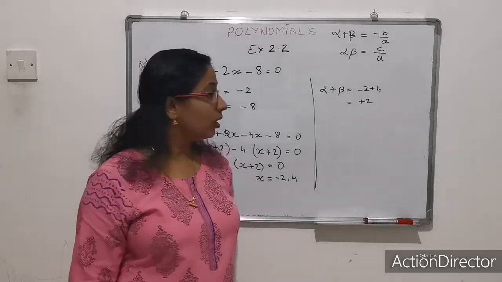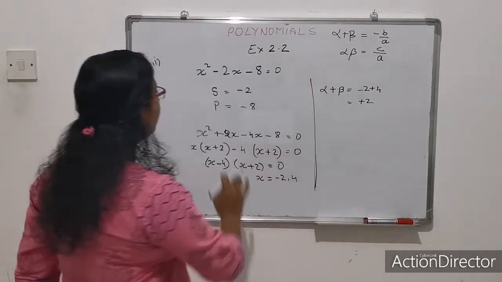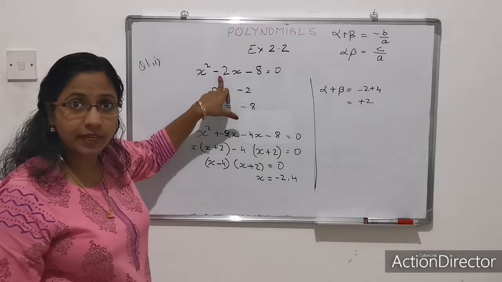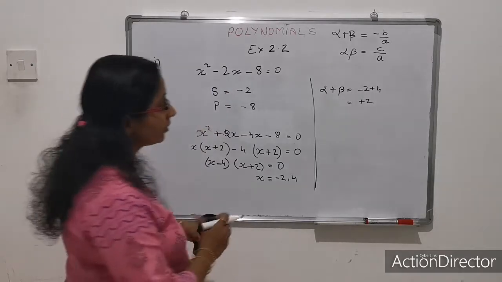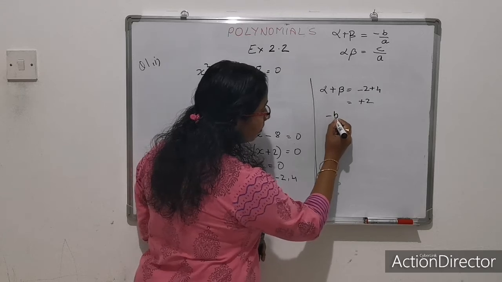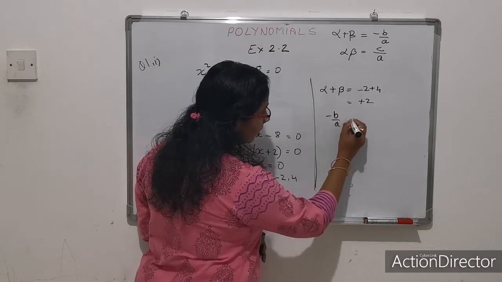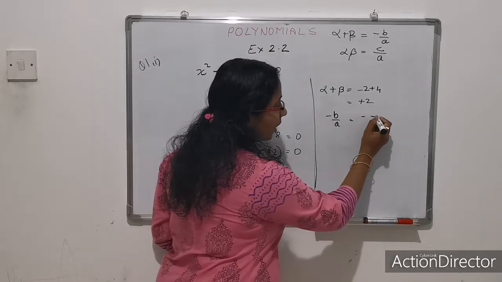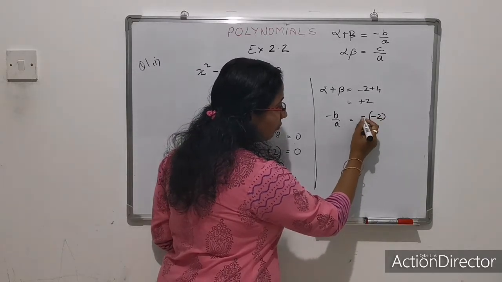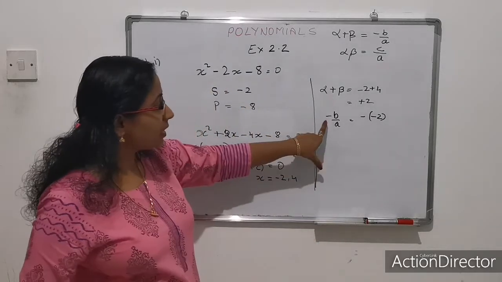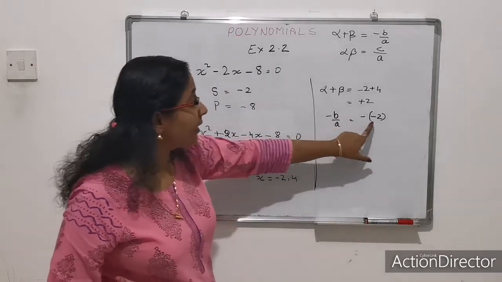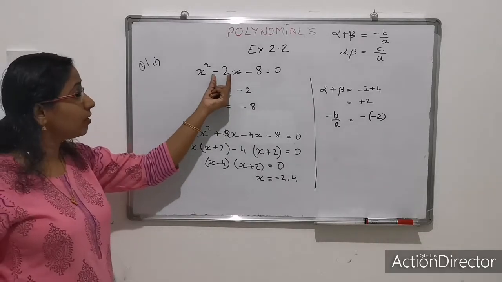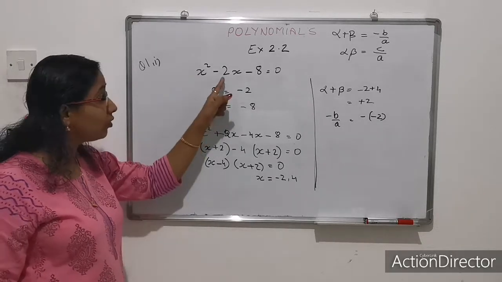Now, what is our b? b is minus 2, right? And what is a? I will write minus b by a. Minus b by a is what? Minus of minus 2. Be careful. This minus is there in the formula and this minus is of this number. This minus 2 is b. It is not 2.